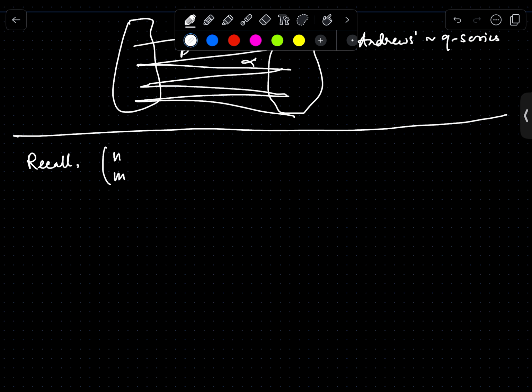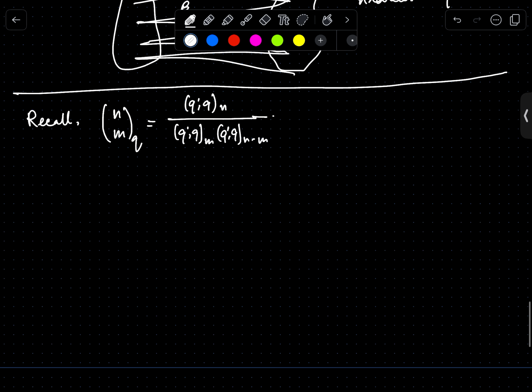So you had this binomial coefficient, and the q version was just (q;q)_n divided by (q;q)_m times (q;q)_{n-m}. Okay. So this was called the q-binomial coefficient. And the thing is that we need to exploit 2 different properties of this.